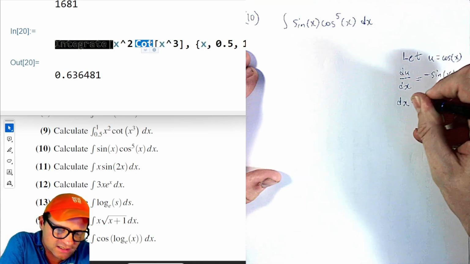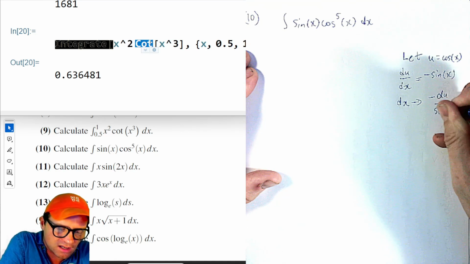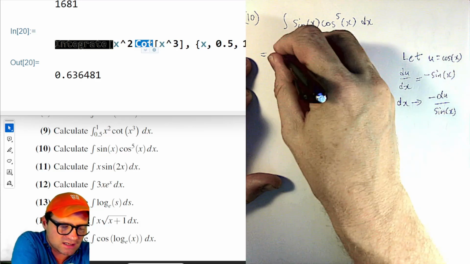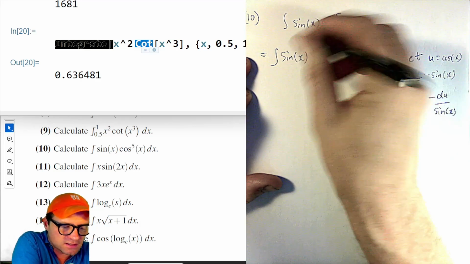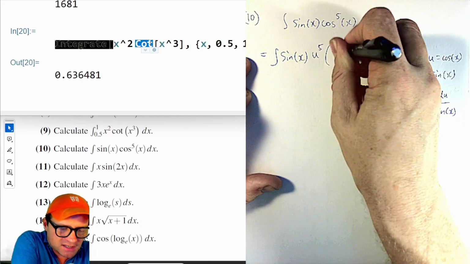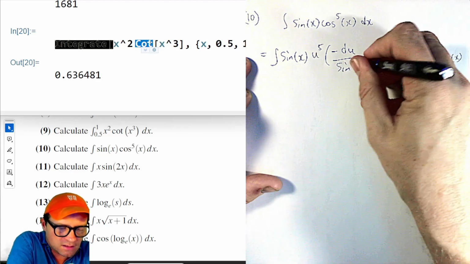So then we're replacing dx with minus du over sine x in here. Okay, so this then is the integral of sine x times u to the power of 5 times minus du over sine x.